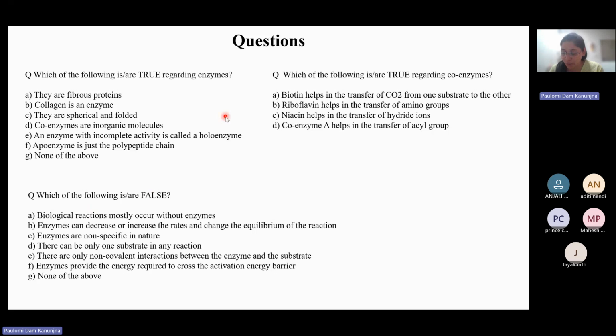Please read the question properly. It says which of these are false, and none of the above basically means that none of the statements are false. They are all correct. Yes.